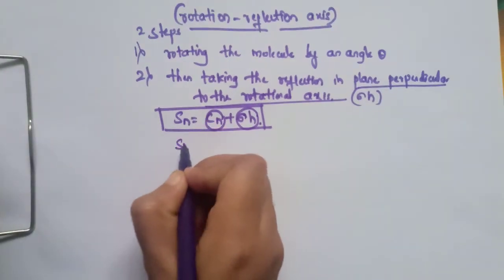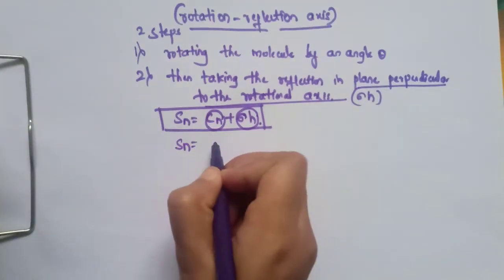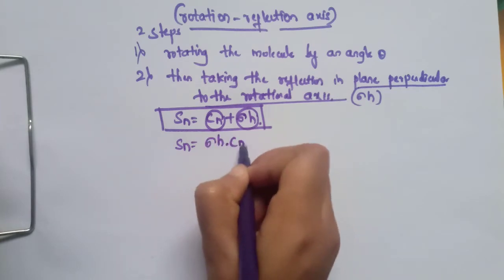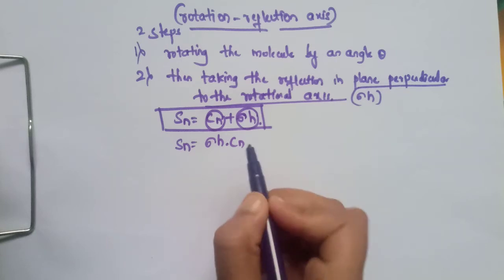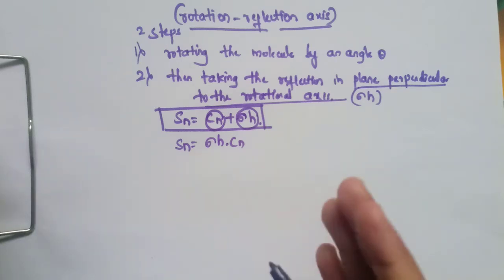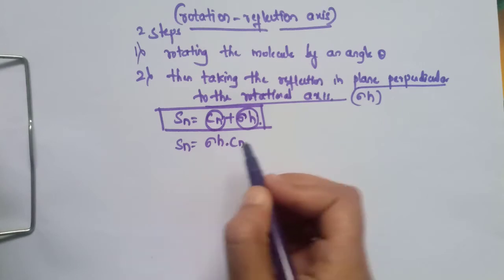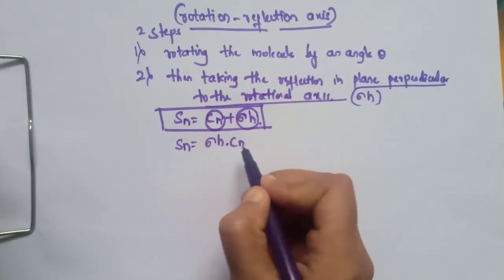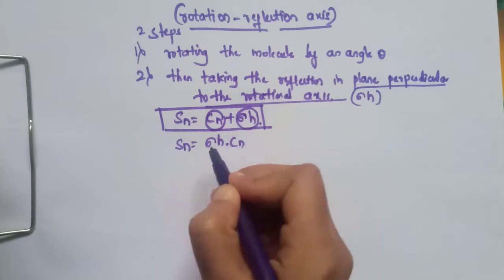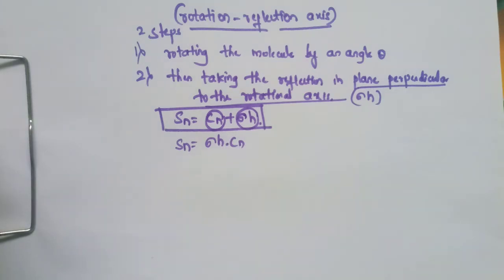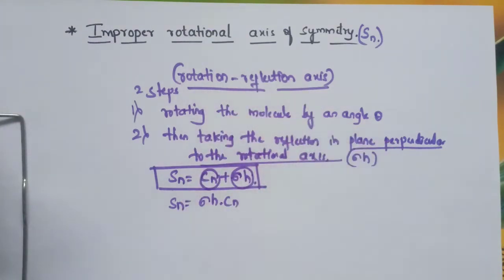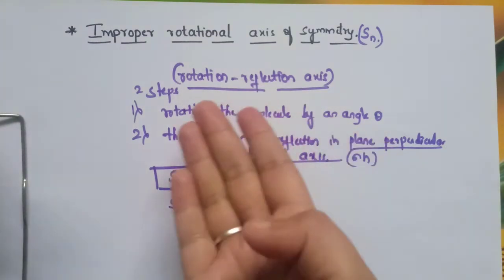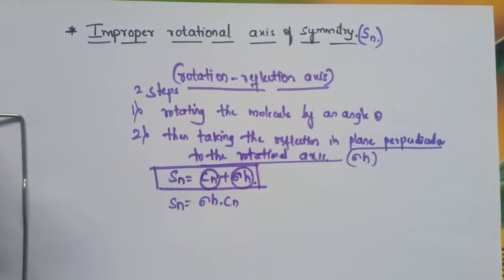So Sn is also equal to sigma h Cn. To perform an operation we have to read from the right side. Sn equals sigma h Cn means first we perform the rotation and next the reflection. It is called the rotation reflection axis because rotation is followed by reflection in this improper rotational axis of symmetry.